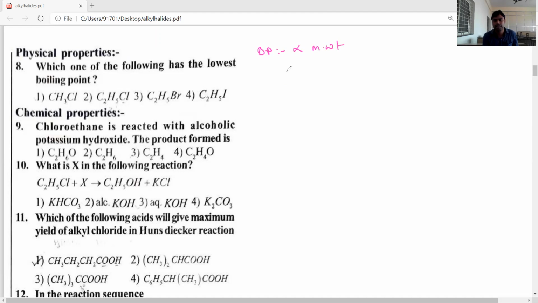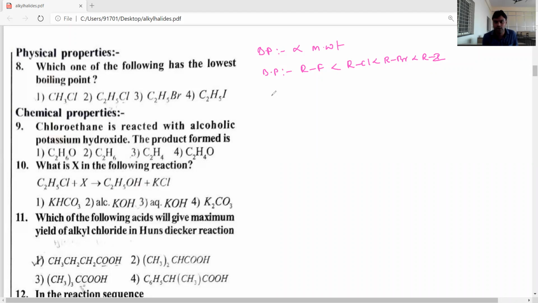If the R group is the same, then alkyl fluorides are less than alkyl chlorides, then alkyl bromides, and then alkyl iodides, because iodides have more molecular weight compared to bromides, chlorides and fluorides when the alkyl group is the same. Now in the given compounds, we have chloromethane, ethyl bromide, ethyl chloride, and ethyl iodide.